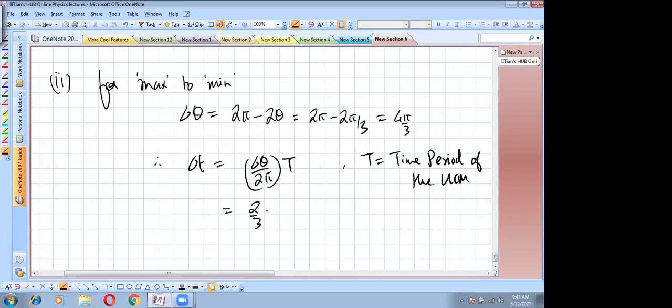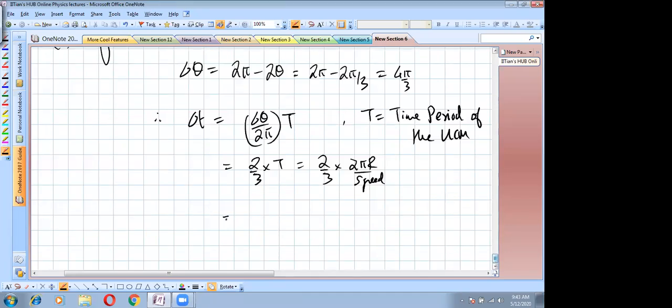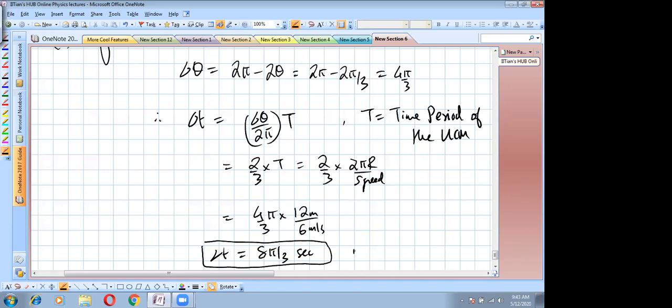This is 2/3 of the time period, and the time period is 2 pi r divided by speed. So it will become 4 by 3 pi into 12 meters divided by 6 meters per second. So 8 pi by 3 seconds.